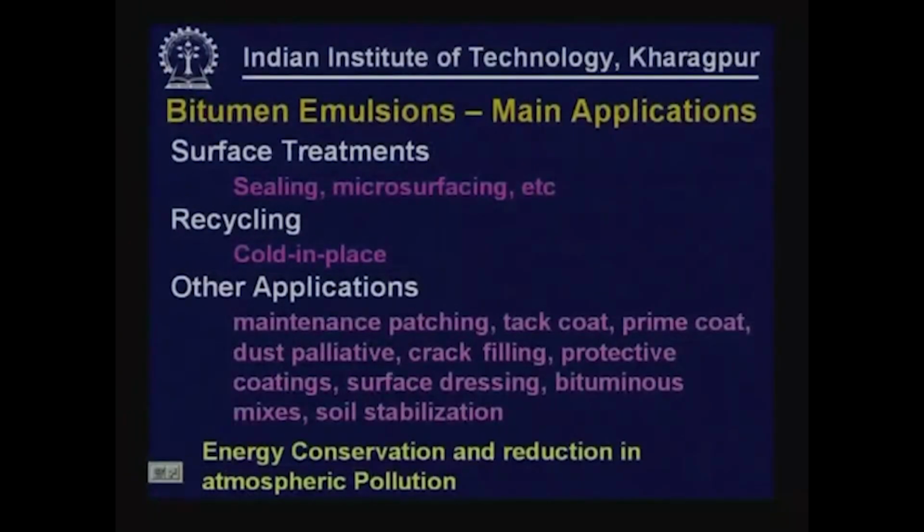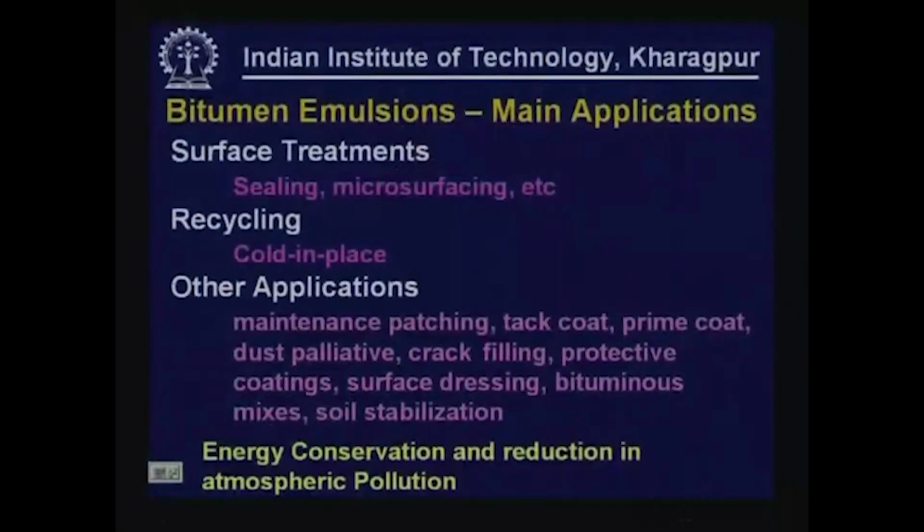Because with a bituminous emulsion, normally we do not have to heat it. So, there is savings in energy. Also, there are no volatile matters coming into the atmosphere because of heating of bitumen, because of use of cutbacks. Most often emulsions replace cutback.